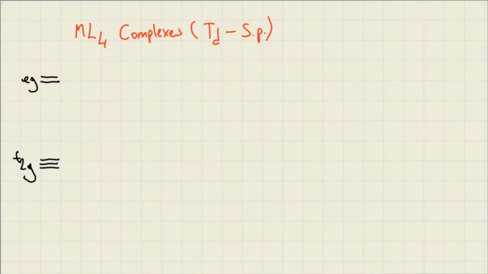So in ML4, ligands are not approaching from the X, Y and Z axes, and generally the interaction between ligands and the metallic orbital is very low. So in this case, the x square minus y square orbital will be very anti-bonding. So this is important. The x square minus y square orbital will be anti-bonding, and it will stabilize the dxy orbital and dz square actually. So the dz square orbital will be stabilized.